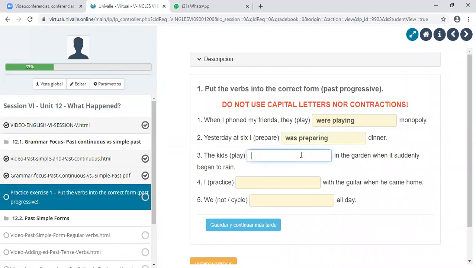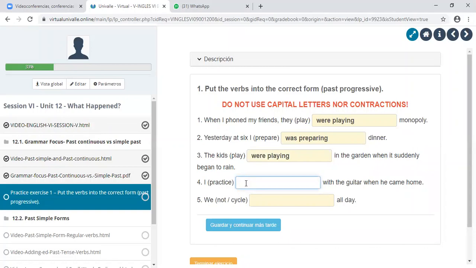Okay. Was preparing. Number 3. The kids were playing in the garden when it suddenly began to rain.